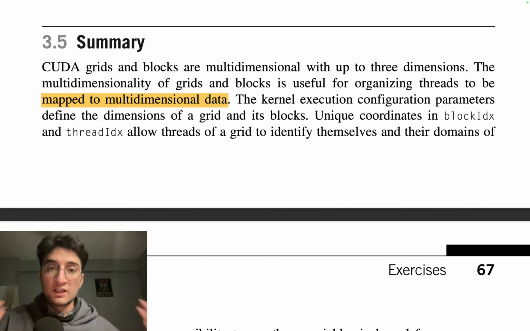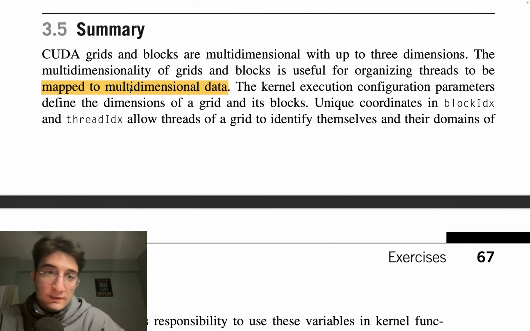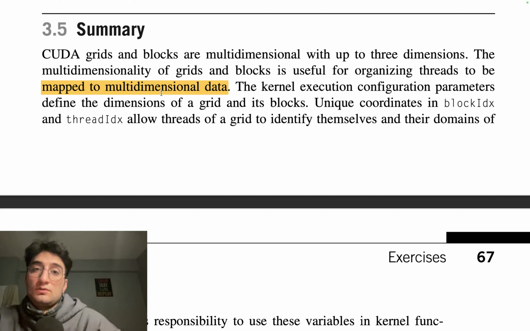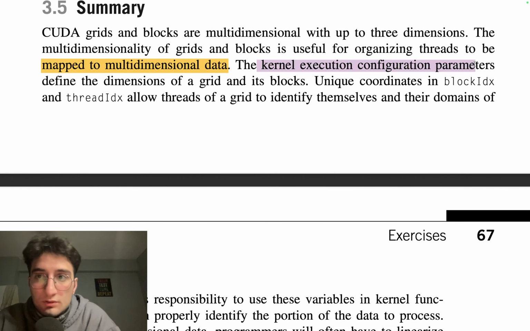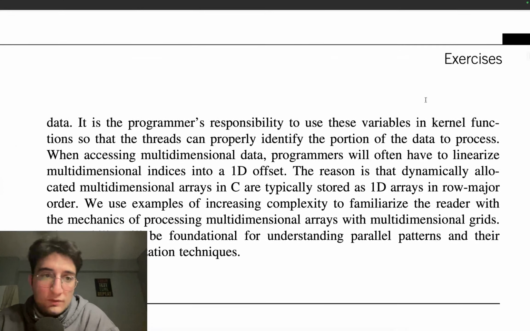If we have multidimensional data, like if in the data set we have X, Y, and Z, we can map this data to the threads or blocks or grids. The kernel execution configuration parameters define the dimensions of a grid and its blocks. Unique coordinates in block index and thread index allow threads of a grid to identify themselves and their domains of data.